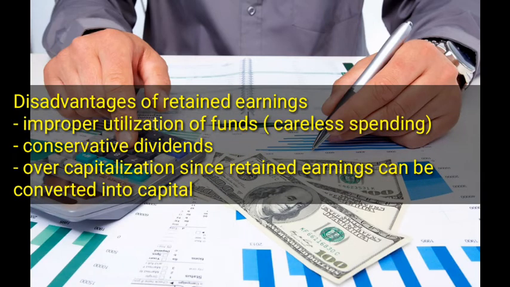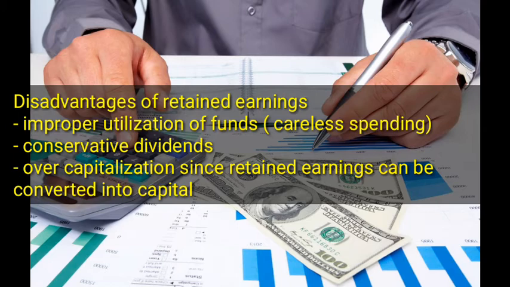Disadvantages of retained earnings as a short-term source of financing. First, improper utilization of funds. There will be careless spending in case there is a lot of retained earnings in the business. Then conservative dividends. In order for a business to have retained earnings, it must be conservative when giving out dividends to the shareholders.